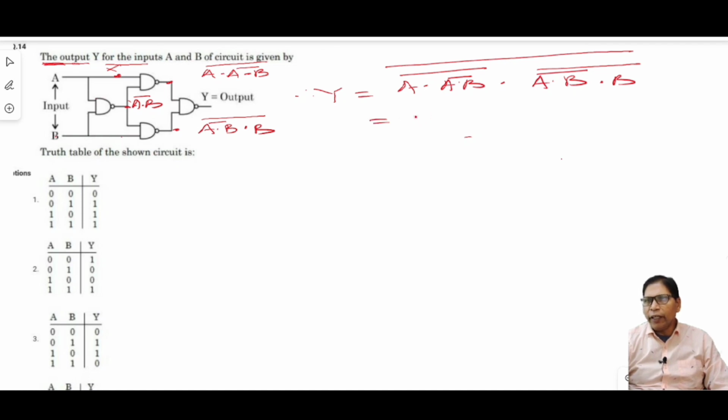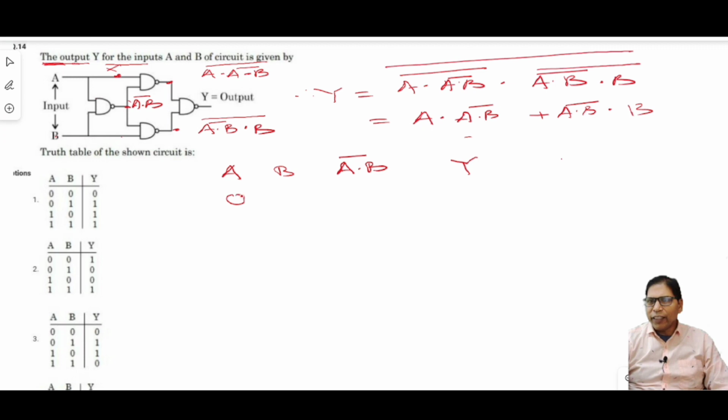So this can be written as A and B not plus A not and B. Okay. So look at this. Suppose this is A, this is B, this is A and B not, and this is Y. Look at this.